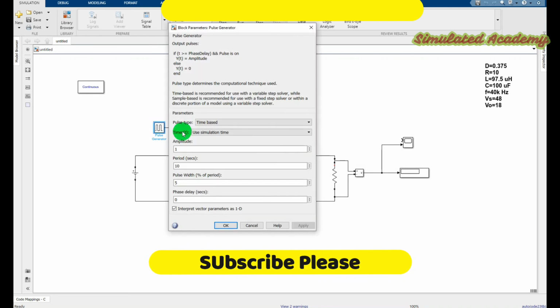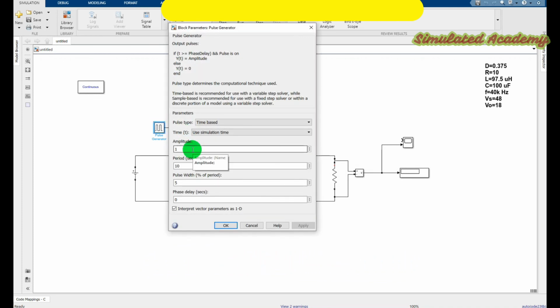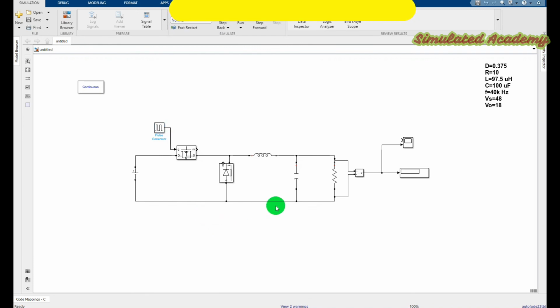For the pulse generator, the amplitude is 1, the period is 1 divided by 40,000, and the pulse width is 37.5. Okay, all is done.